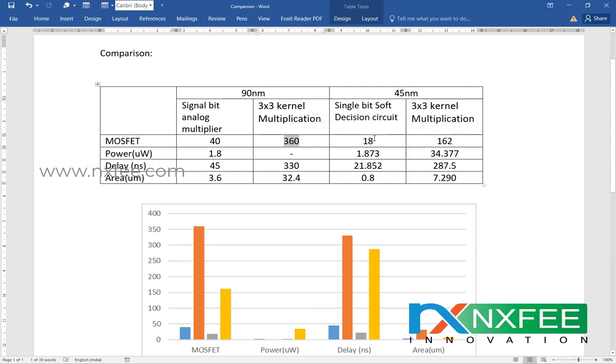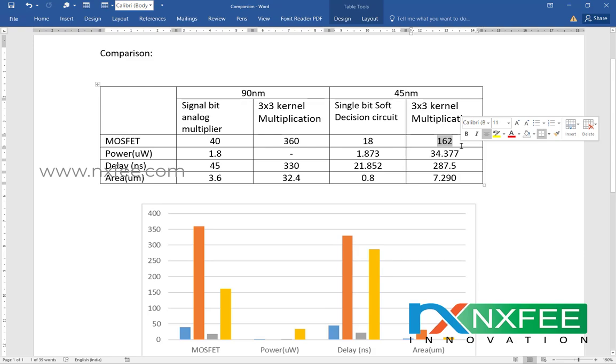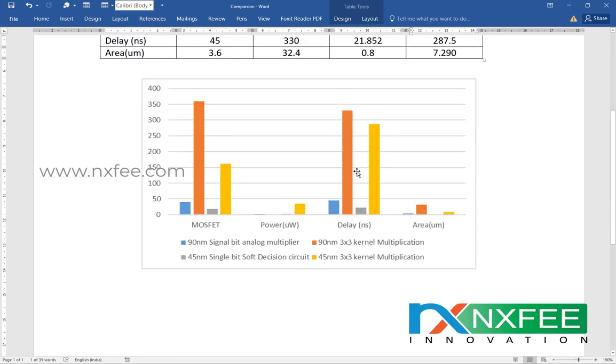We totally reduce the number of MOSFETs here, to 18 transistors in a single-bit multiplier and 162 transistors in the kernel multiplication. We also reduce power consumption, delay and area. This is the comparison analysis chart.